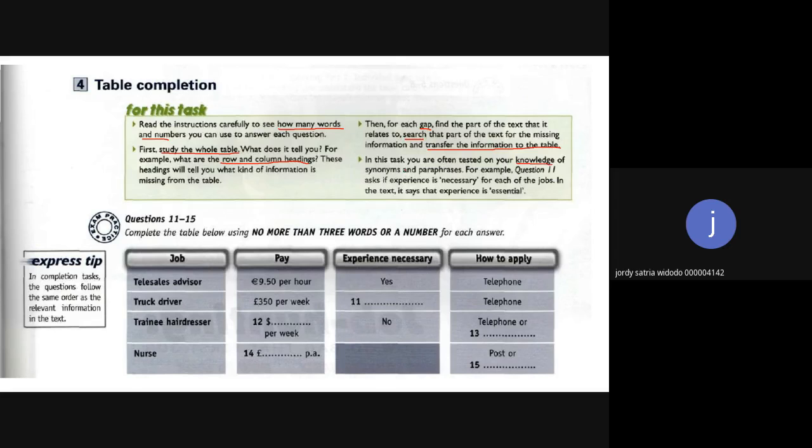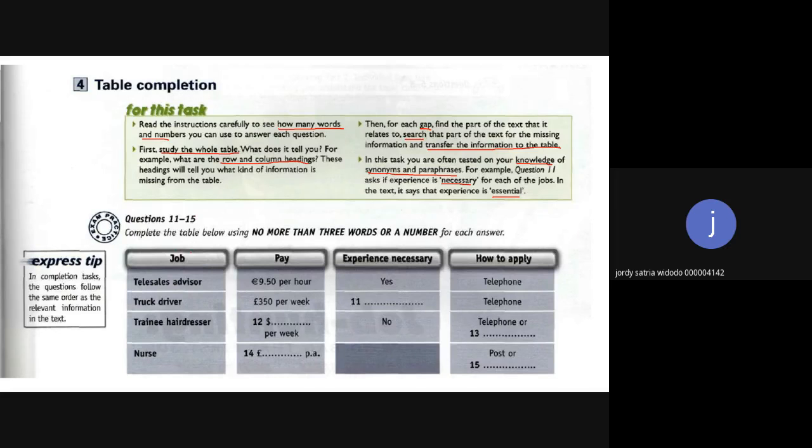For example, question 1 asks if experience is necessary for each of the jobs. In the text, it says that experience is essential. Necessary and essential are synonymous, and that is a kind of paraphrase. You cannot copy and paste the same word from the passage to the table. Remember to paraphrase it.